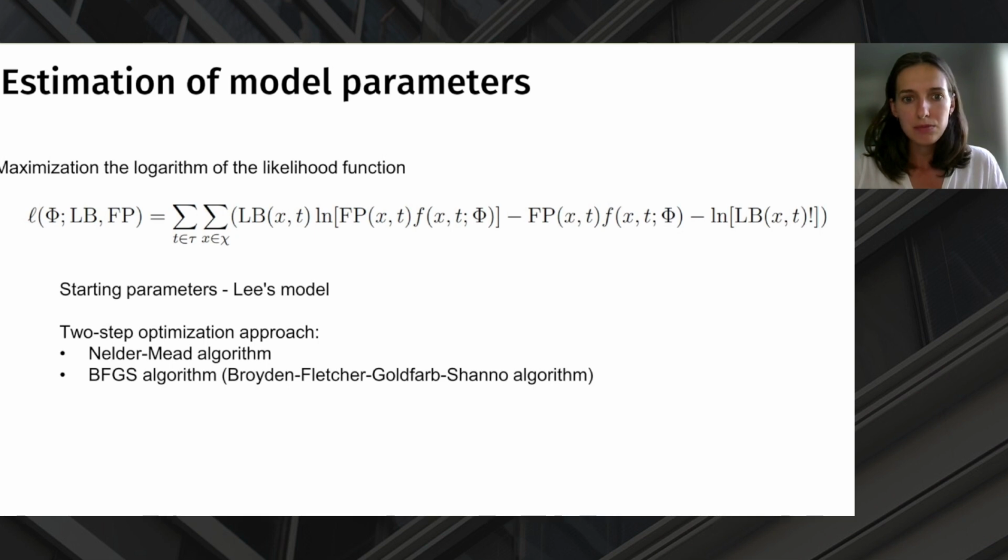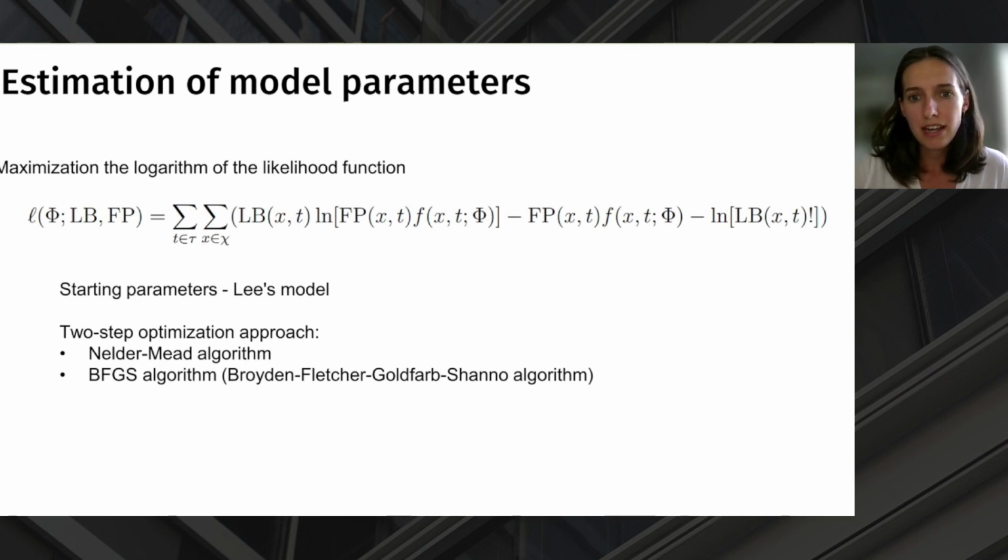For the estimated models M2A to M8B, a two-step optimization process was used. In the first step, the Nelder-Mead algorithm was used, which is a robust method. It falls under the class of simplex methods. In the second step, the BFGS algorithm was applied, known for being faster and more precise than the Nelder-Mead algorithm.